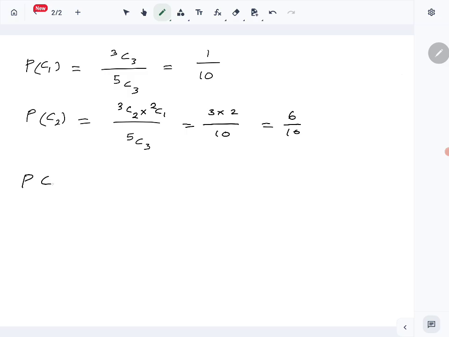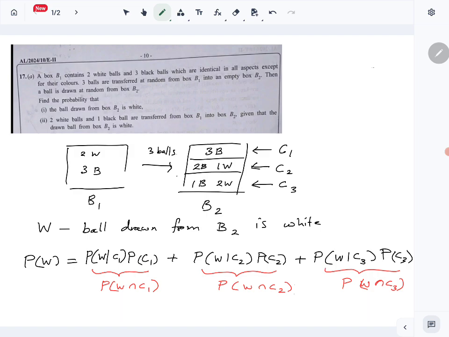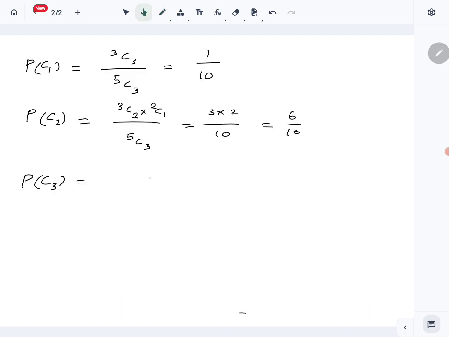And the only other case is case 3, which is 1 black, 2 white: 3C1 and 2 white, 2C2. So 3 times 1 over 10, so 3 over 10. Right.